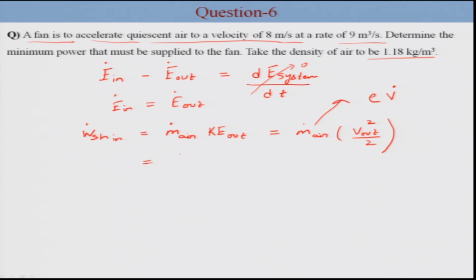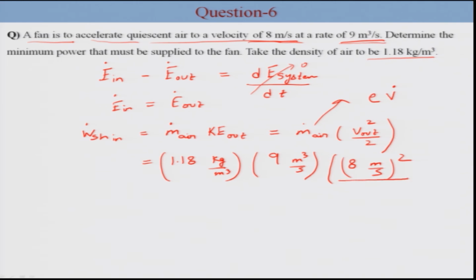So, density of the air is 1.18 as given in the question, kg per meter cube, and volume flow rate is 9 meter cube per second. The velocity of the air coming out is 8 meter per second. So, square of this, V square divided by 2.